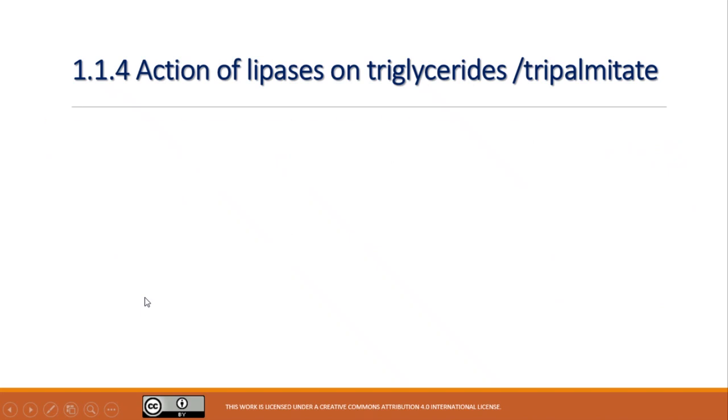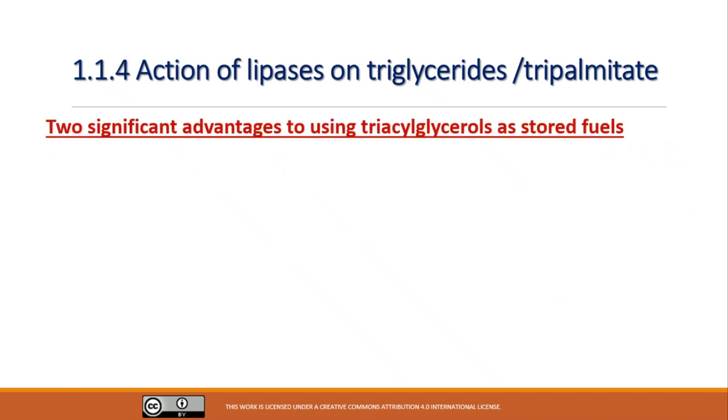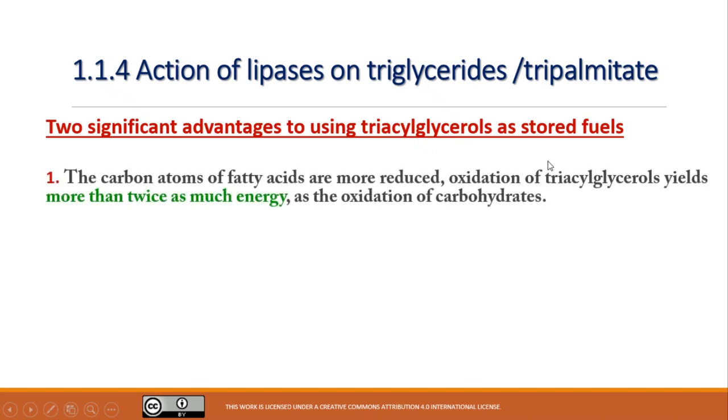Moving ahead, let's learn why triacylglycerols or these triglycerides are used as stored fuels, or what are the advantages of using this triacylglycerol as stored foods. The first advantage is the carbon atoms of fatty acids are more reduced.